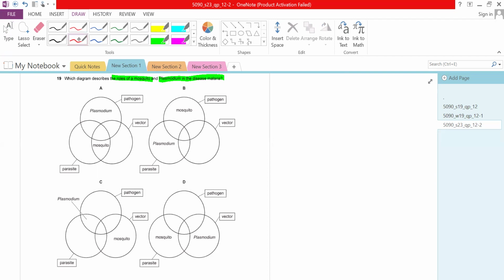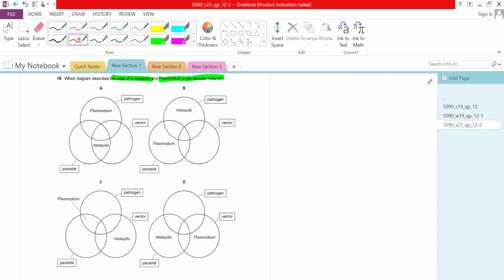Let's read out the options. Option A says the pathogen is plasmodium, the vector is mosquito, and the parasite is also mosquito. Option B says that mosquito is the pathogen, the vector is not given, while the parasite is plasmodium.